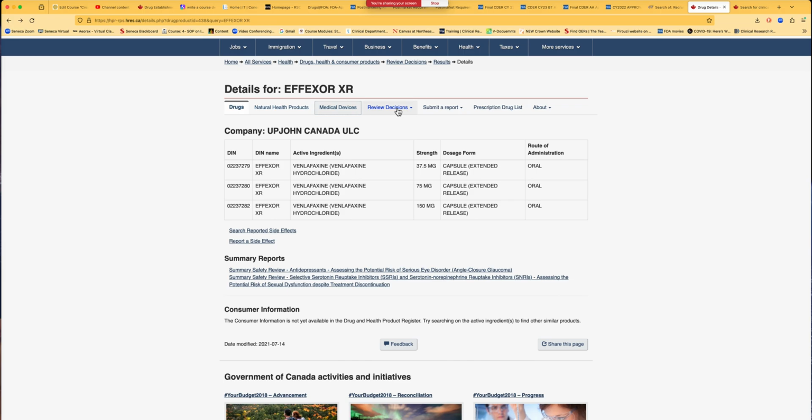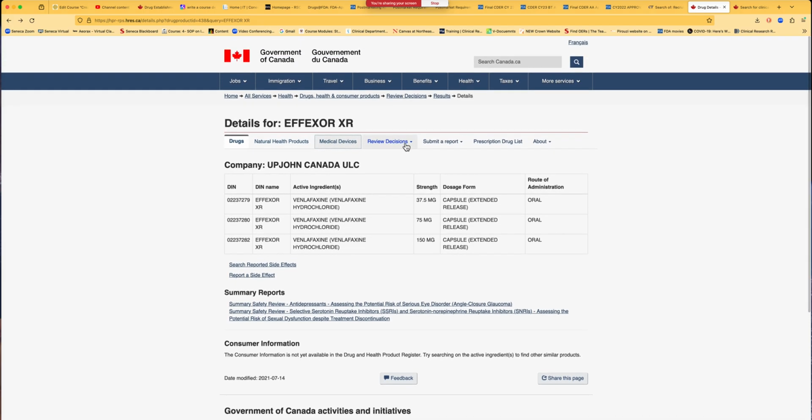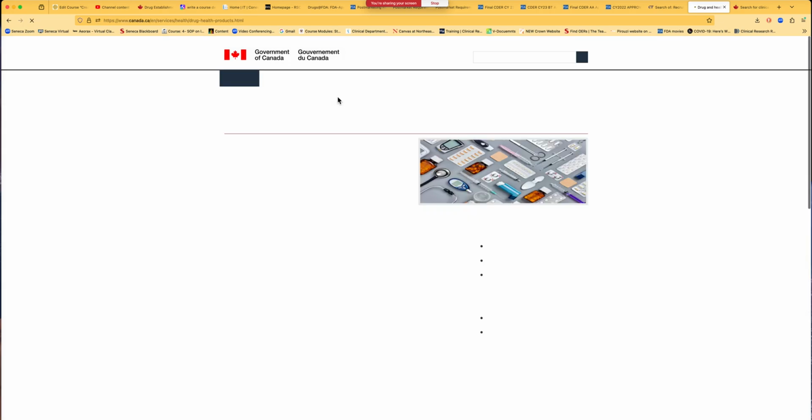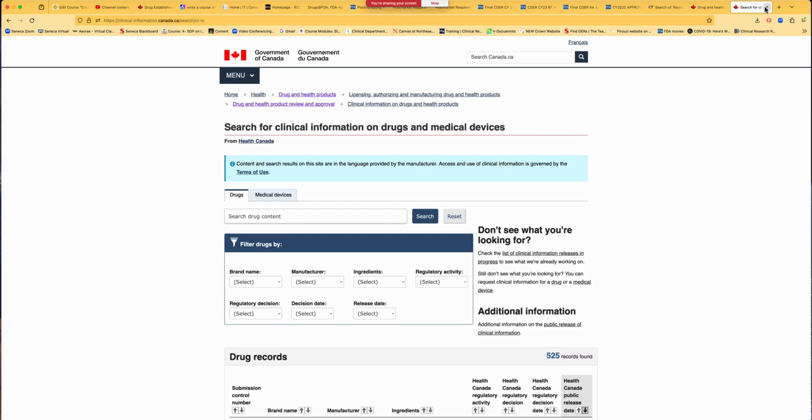We may need to create a tabulated summary of clinical trials, and where we go, we come to clinicaltrials.gov, or we come to the database of the Government of Canada for the drugs and natural products and medical devices. Perfect. Now you understand very well where to go in order to look into the drugs, health and consumer products.